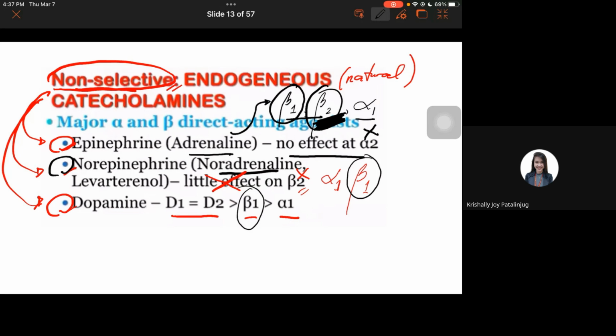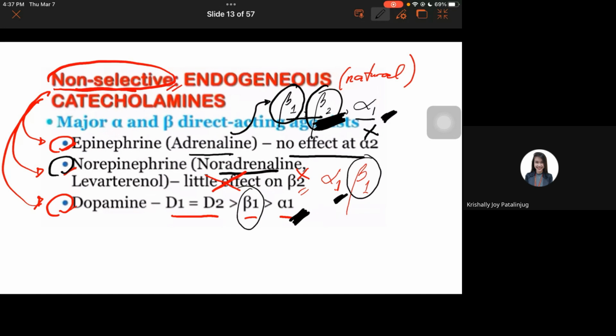Kapag na-activate ang beta 1 sa heart, di ba? Increase inotropy, chronotropy, dromotropy. So cardiac stimulant yung tatlo. Okay? So that's how you study them. Also, meron din silang affinity no to alpha 1.